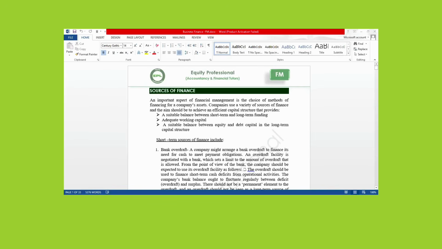This topic is a major part of financial management. An important aspect of financial management is the choice of method of financing companies' assets.